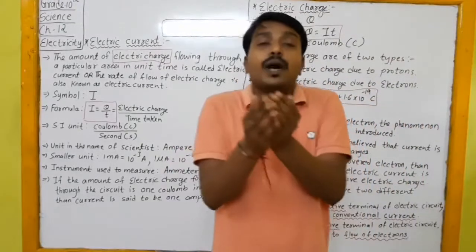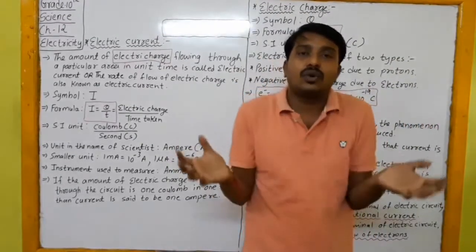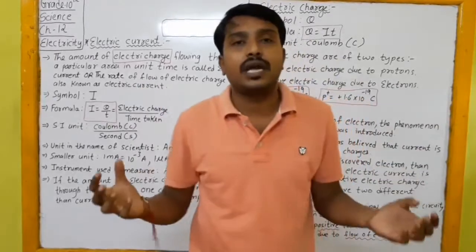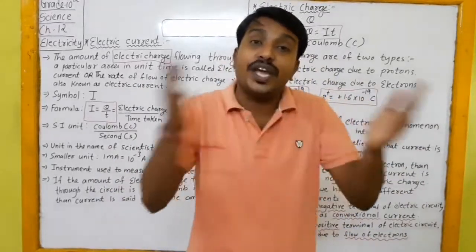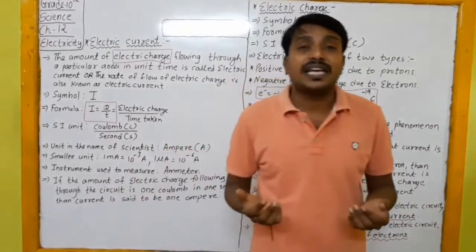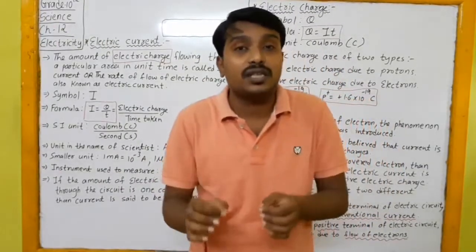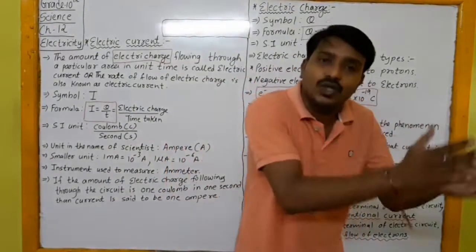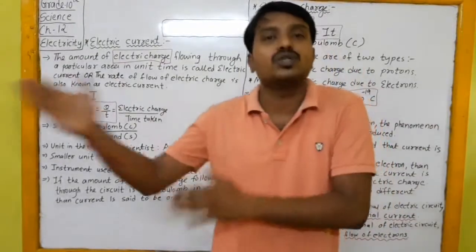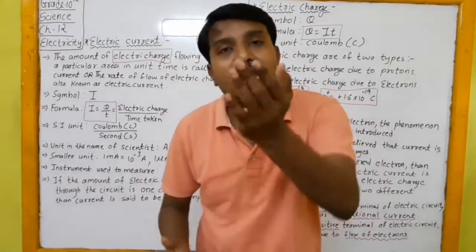After that, the whole scientific understanding about the electric current has changed, because afterward it was found that whatever electric current is flowing in the circuit is not because of positive charge, it is actually because of negatively charged electrons.